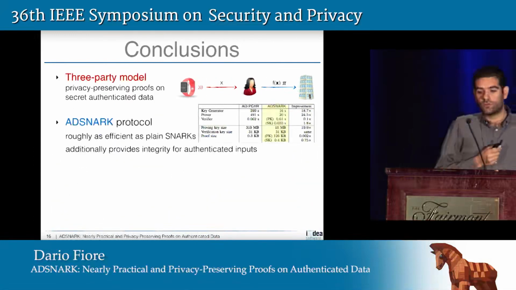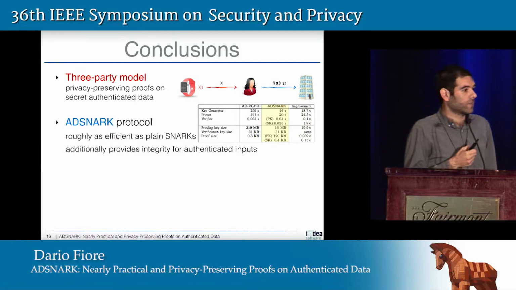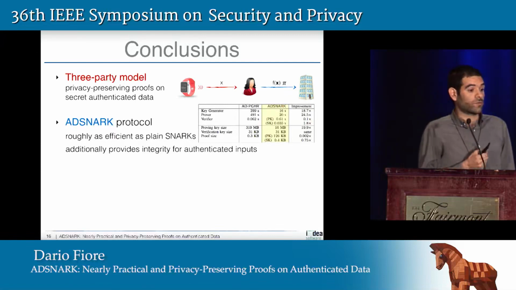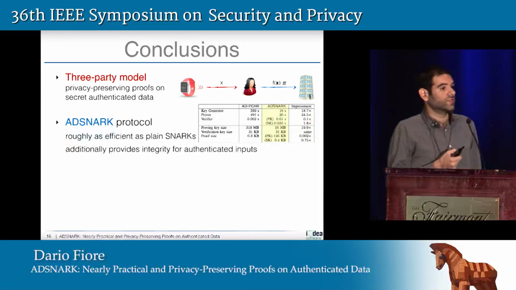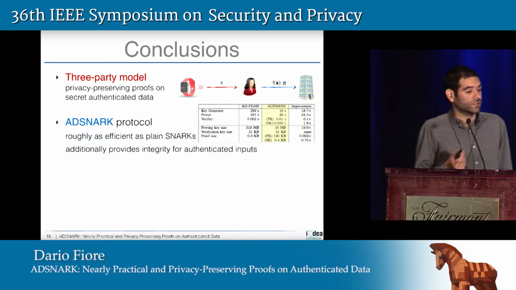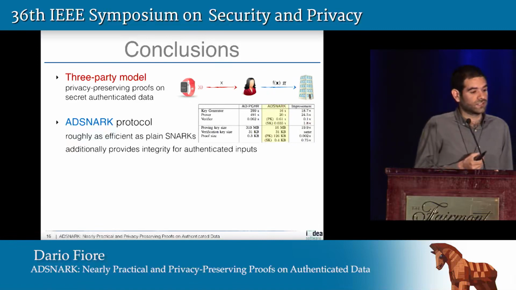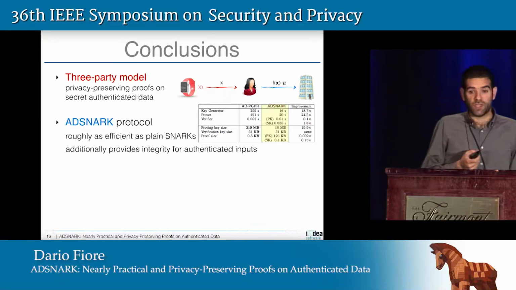So I'd like now to conclude. In this work, we consider the three-party model for the case of general purpose zero-knowledge proofs. Our main contribution is this new scheme called ADSNARK, whose benefit is to run as efficiently as a plain zero-knowledge SNARK, but on top of this, it additionally provides integrity for authenticated inputs.